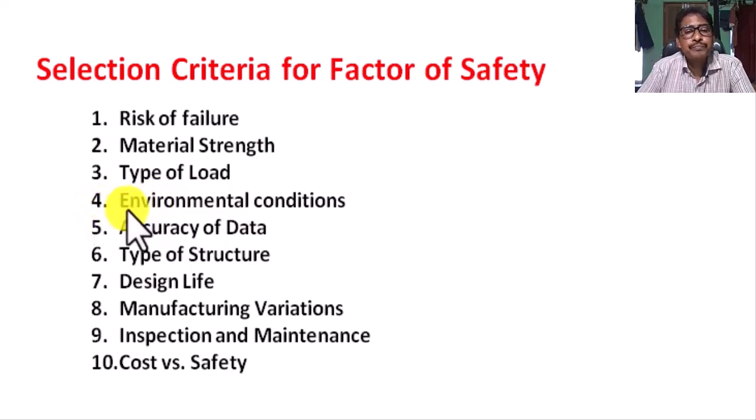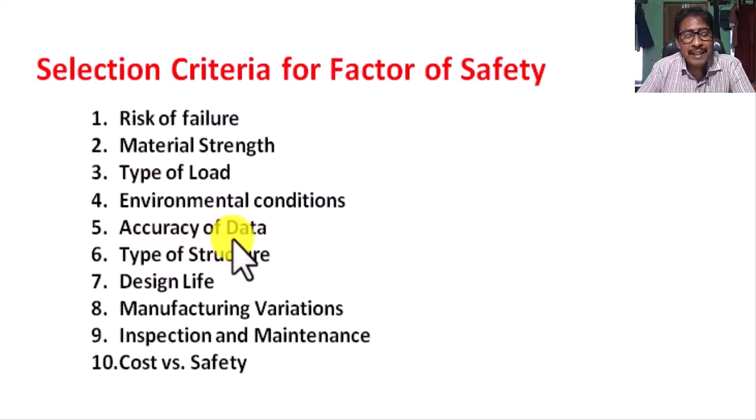Number 4, environmental condition. Use higher factor of safety for harsh environments like extreme heat, corrosion or humidity. Number 5, accuracy of data.